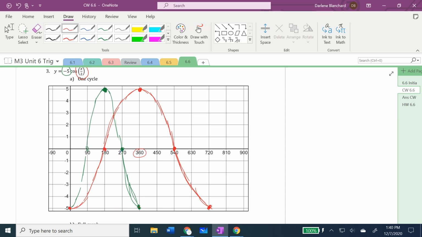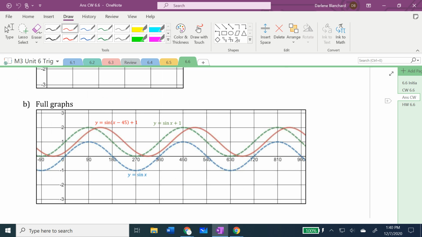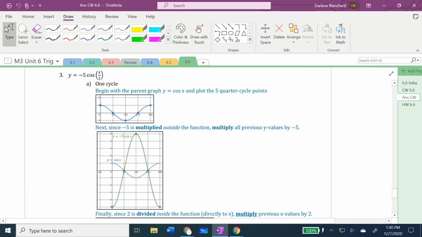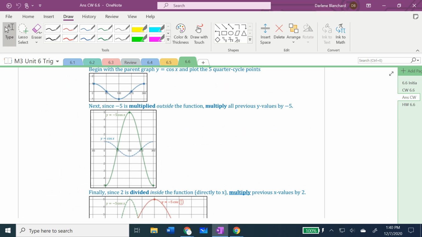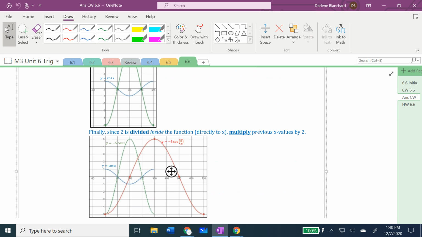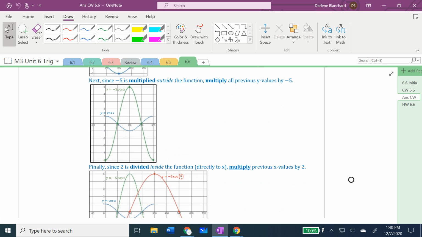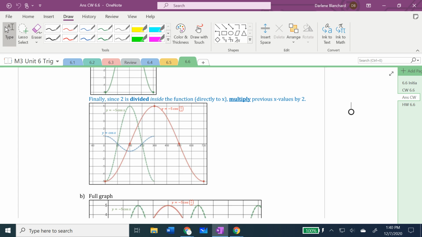I want to say again, you can do a sloppy job on the full graph. I would prefer that you were able to just look at it and give me a snapshot of what you see. The answers go through step 1, intermediate step, and then seeing the final 1 cycle.